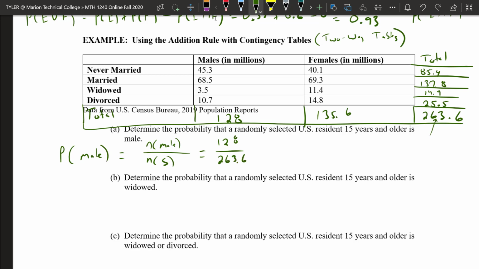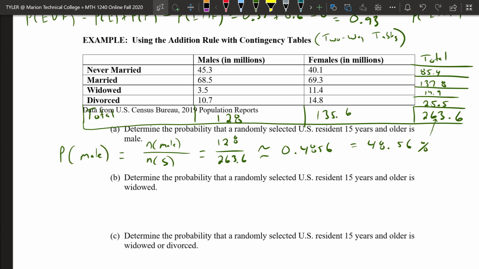I don't have to worry about writing the millions down because everything's in terms of millions. When I take millions divided by millions, those just go away. So to make it easier, I won't write that because it doesn't impact anything here. When you do that, you'll get approximately 0.4856. If you want to write that as a percent, that would be 48.56%.